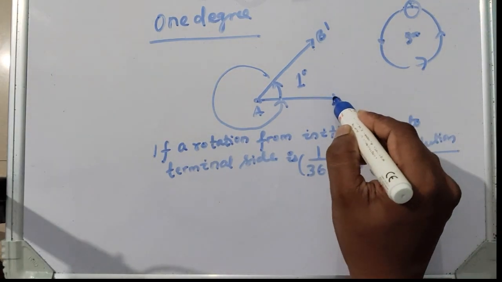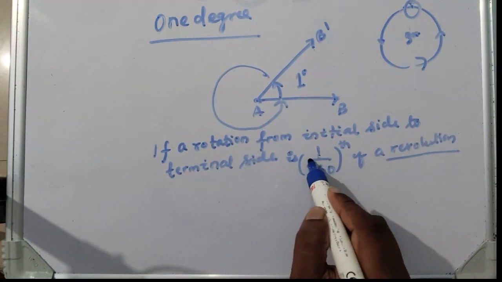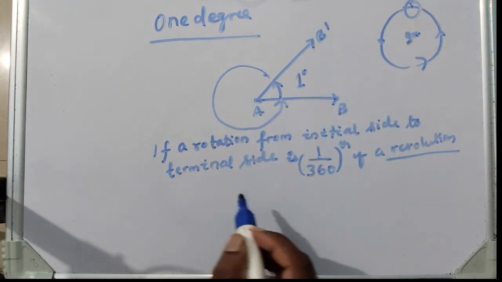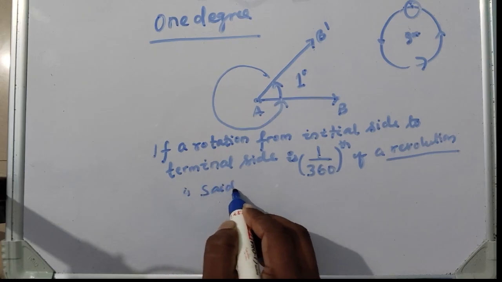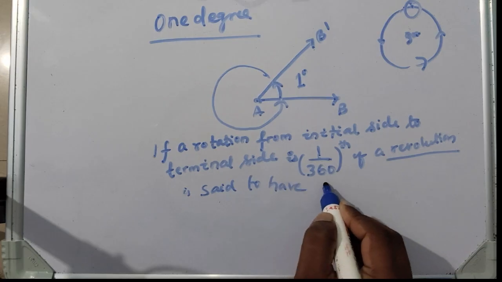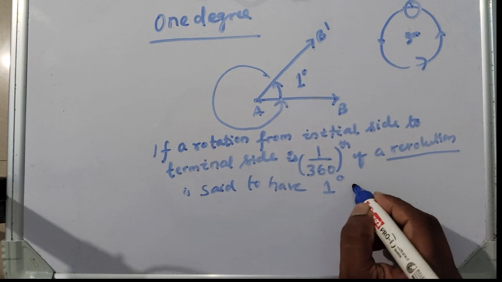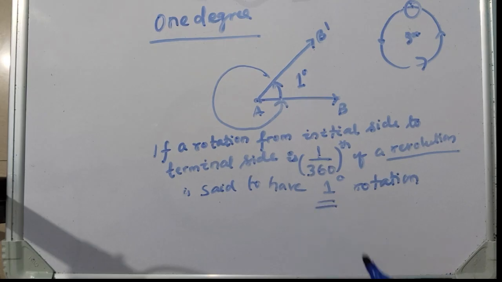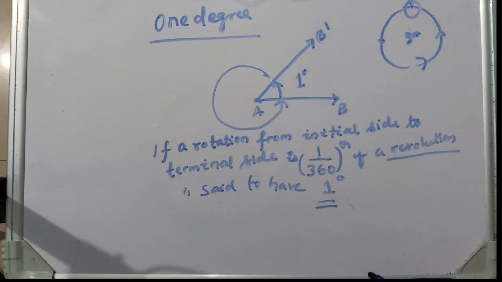So similarly, when B is revolved around point A, and 1 by 360th of the total revolution is said to have 1 degree. So this is the definition of 1 degree.